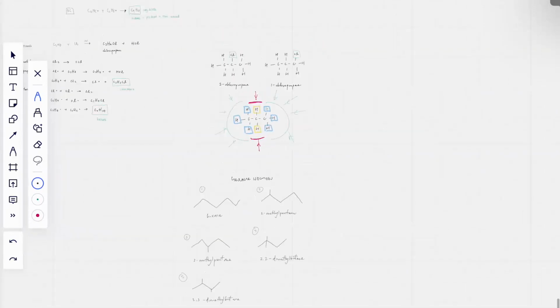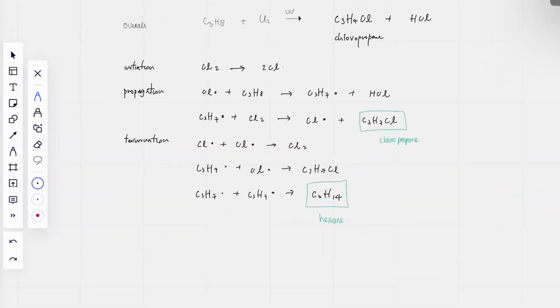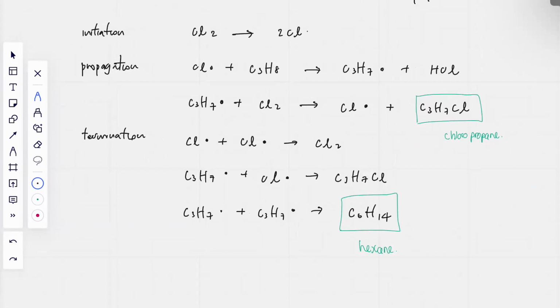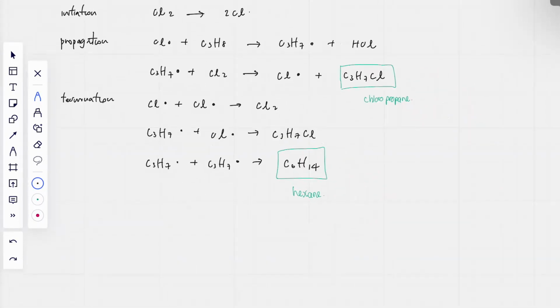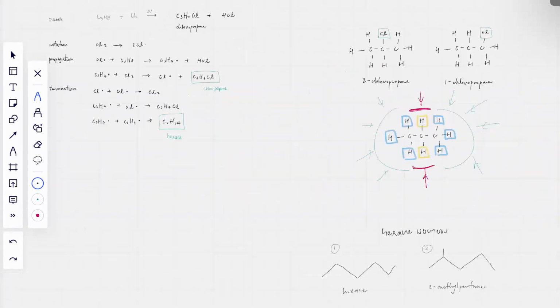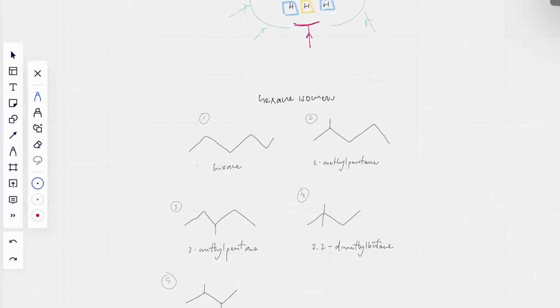Which of these isomers is produced by this termination process in this example here? Is it all, or some of them, or only one of them? Not all.